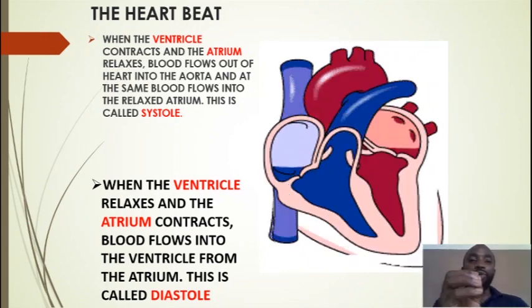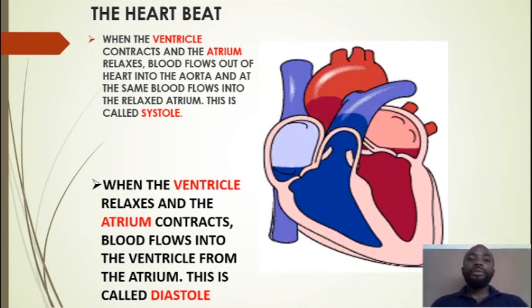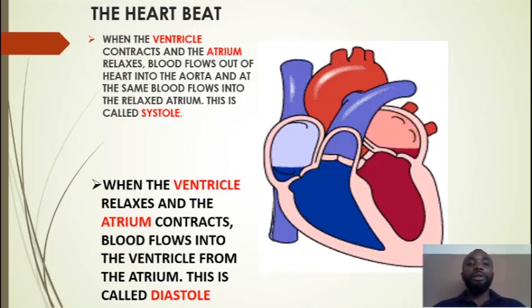Now let's explain the 2 of them. In systole, the ventricles contract and the atria relax. Once this happens, blood will leave the heart, and at the same time, blood will flow into the heart through the atria.